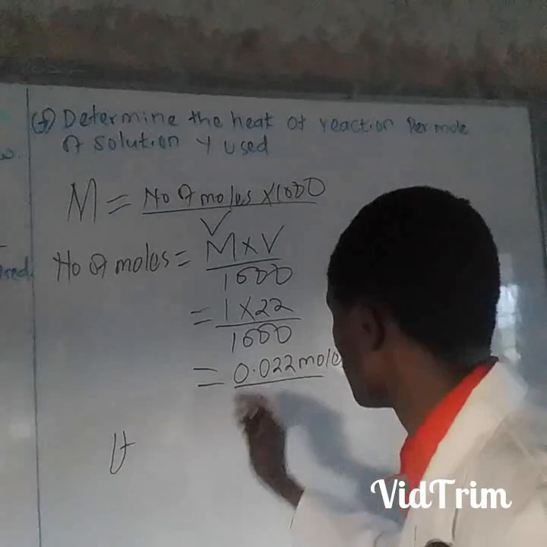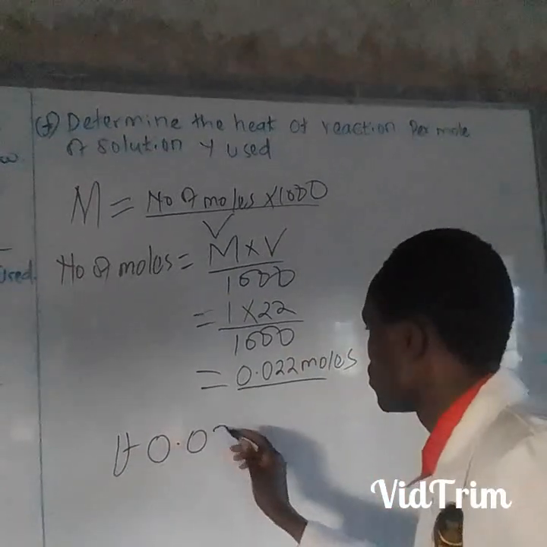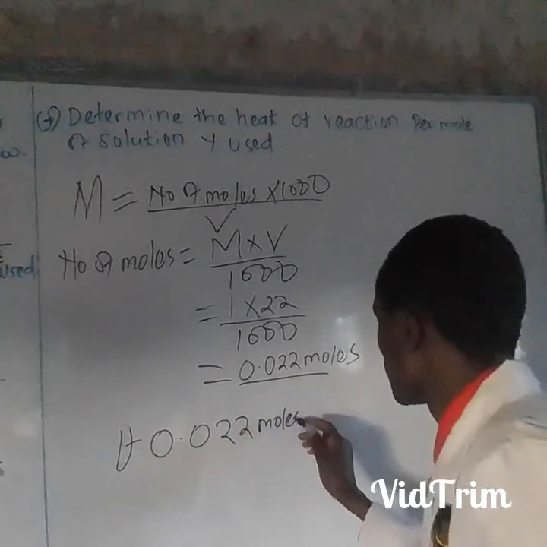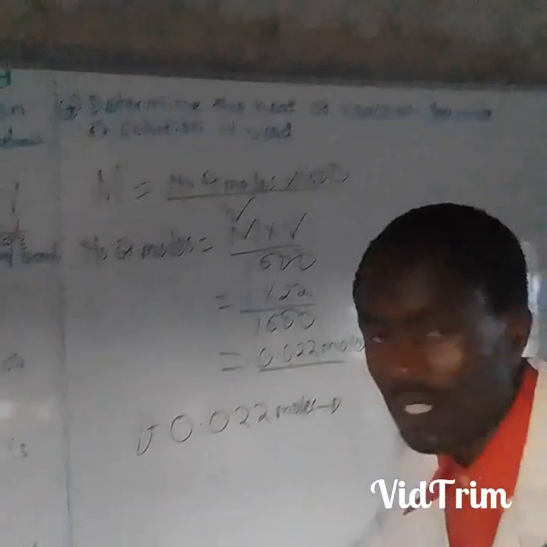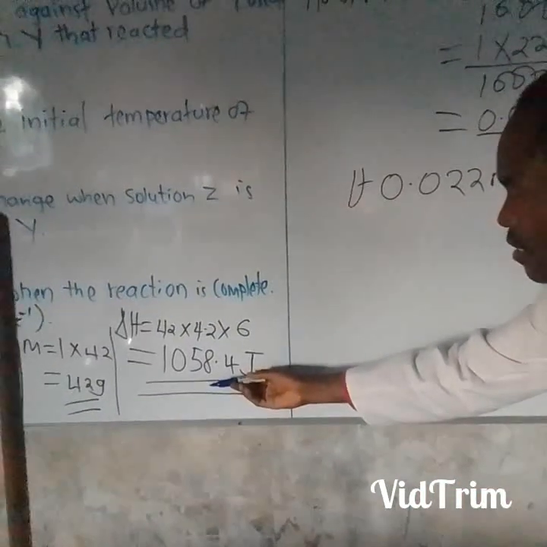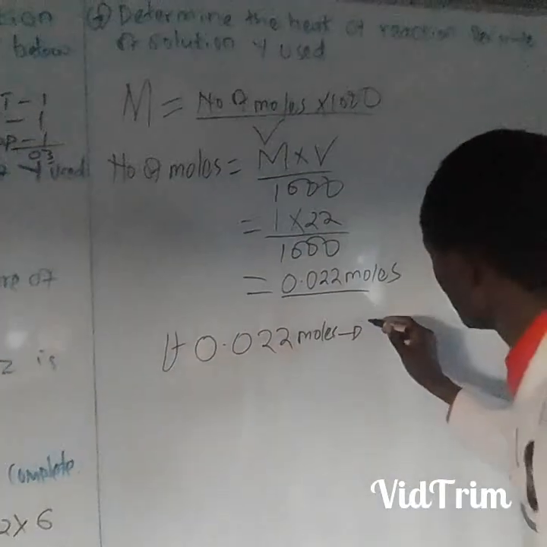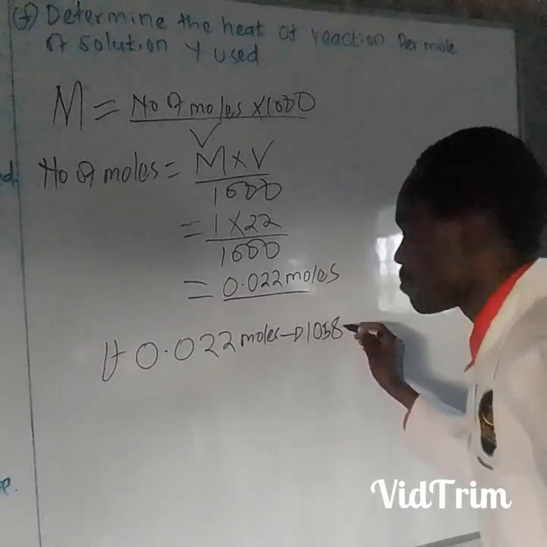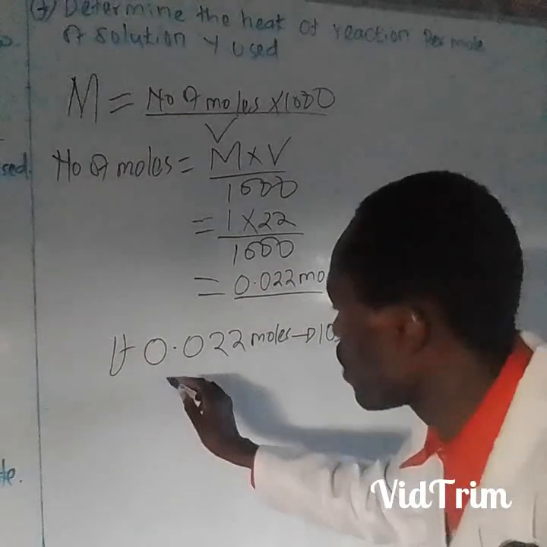So we ask ourselves this question. If these 0.022 moles are giving us this heat of reaction that we have calculated here, just focus on this heat of reaction, which is now 1058.4 joules. What about one more?